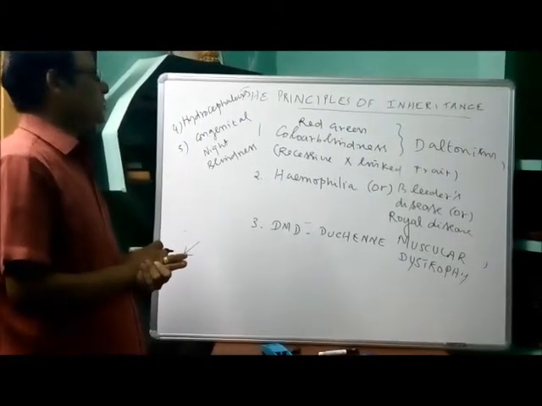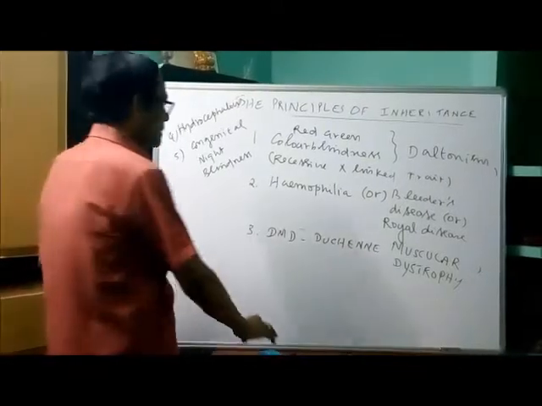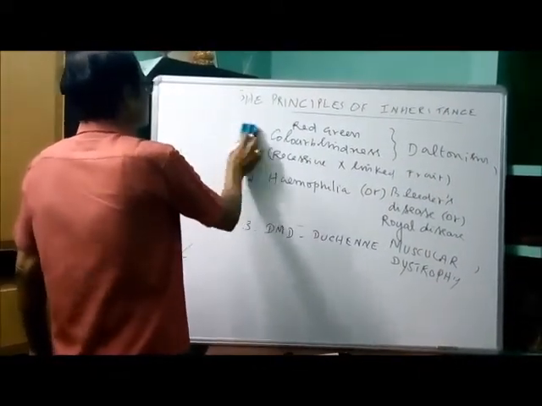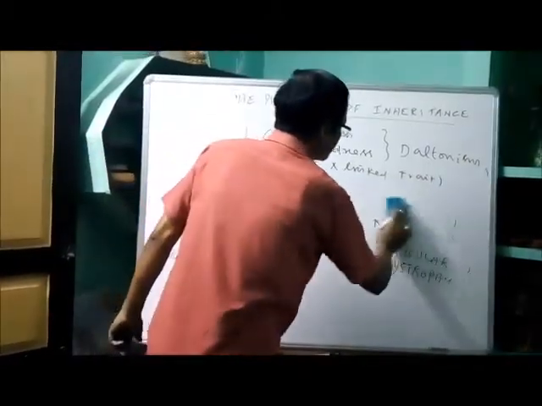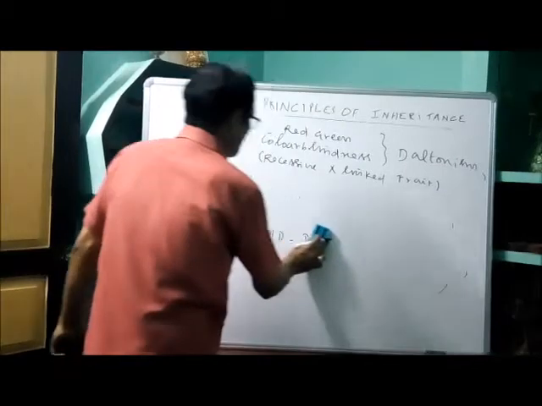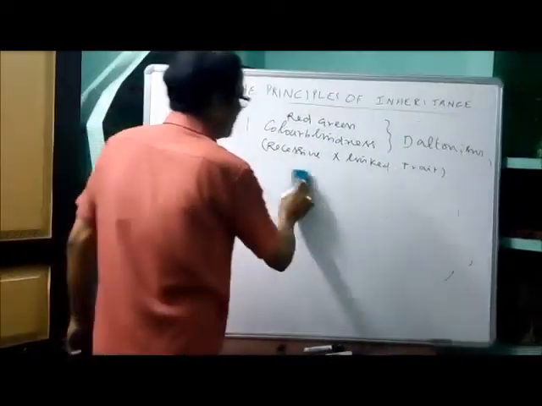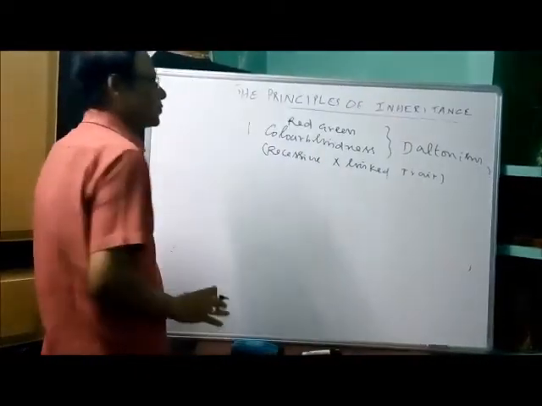Let us talk about red-green color blindness or daltonism. Now, this is a recessive X-linked trait. So it is more common in males than females. Nearly 4% of the males are affected by this disease when compared to the females.